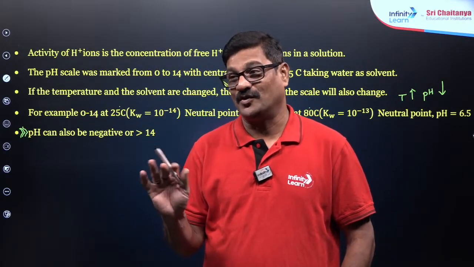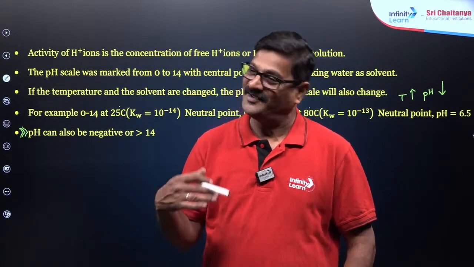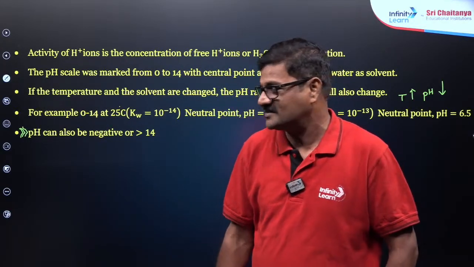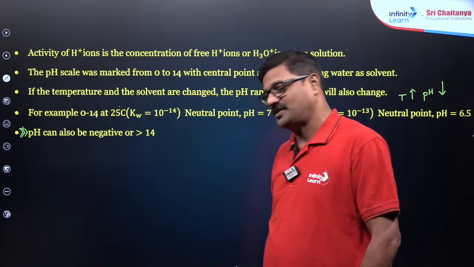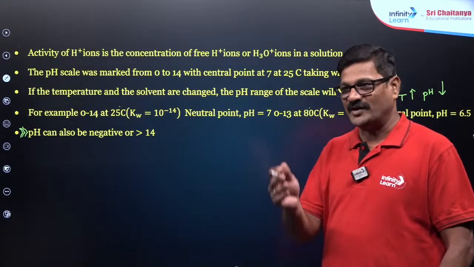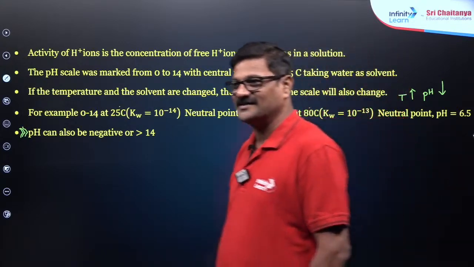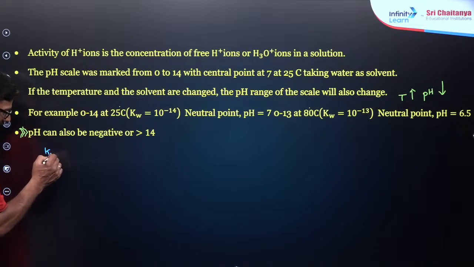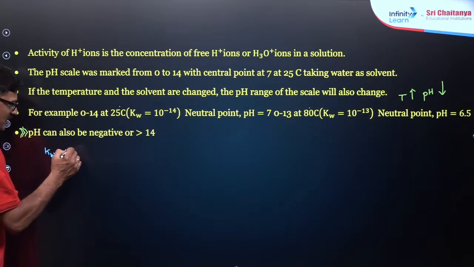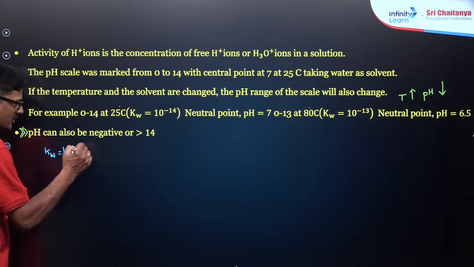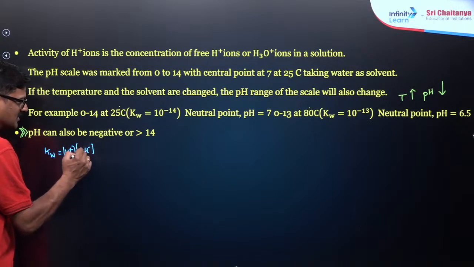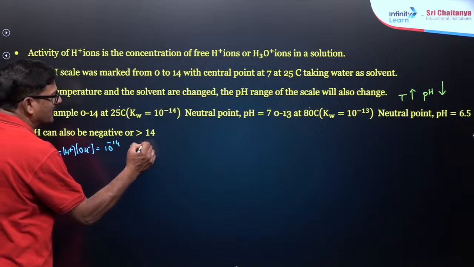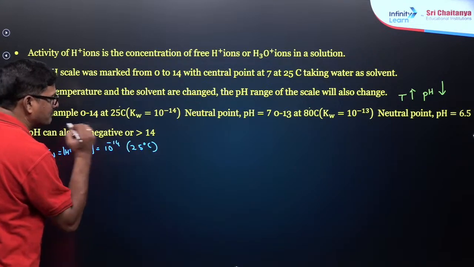Sanil Dalvi is asking about this temperature change and has been waiting for the answer for the last 30 minutes. So here, Kw is equal to H plus times OH minus. Its value is 10 to the power minus 14 at 25 degrees centigrade.